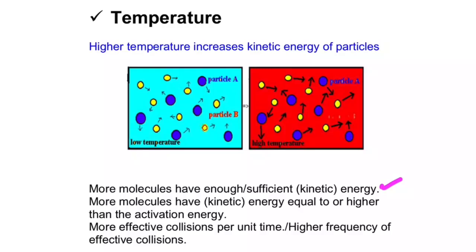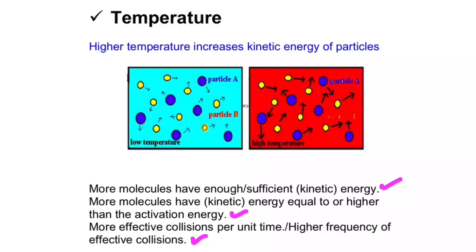So more molecules will have kinetic energy equal to or higher than the activation energy. As a consequence, we are going to have more effective collisions per unit time, and the rate of reaction increases.